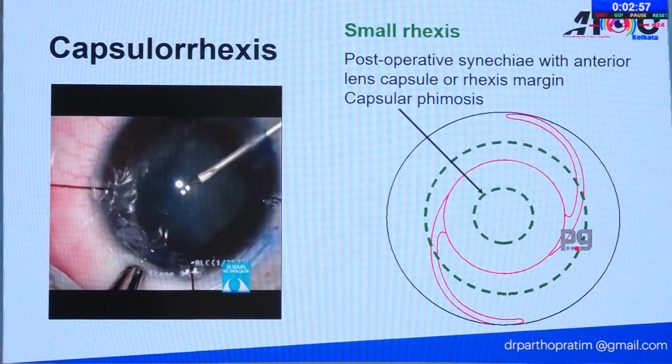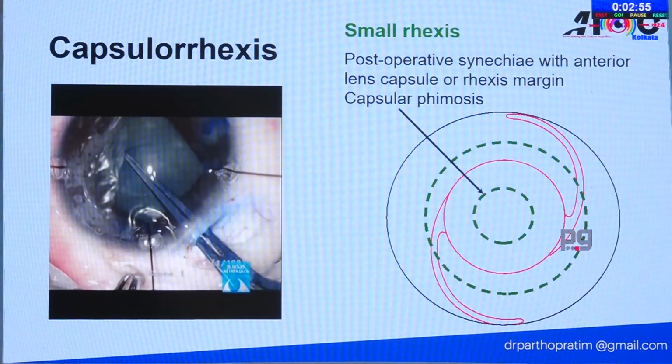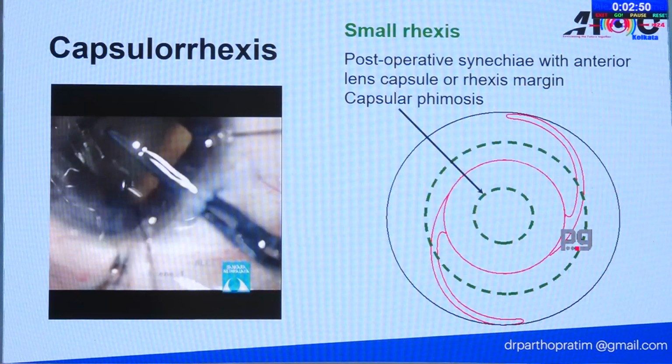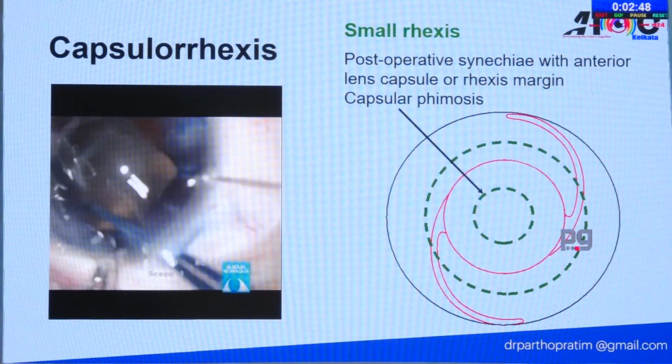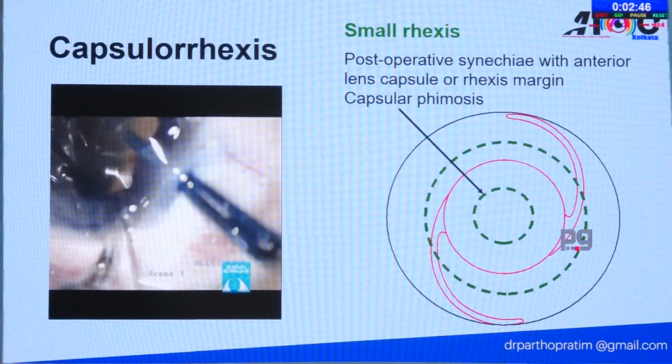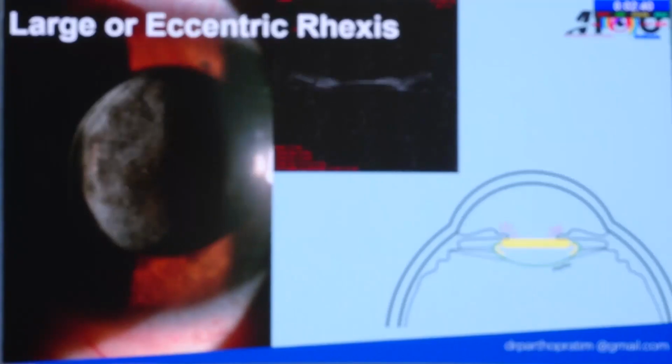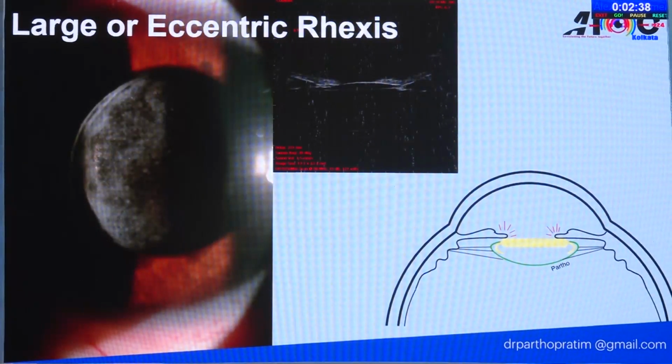Now, capsular rhexis we all know, but there are two things we need to understand in uveitic cataract. If the rhexis is small, then it can develop postoperative synechiae with the anterior lens capsule or the rhexis margin, and sometimes it can lead to capsular phimosis also. Now, if the rhexis size is very large and eccentric, then this can happen.